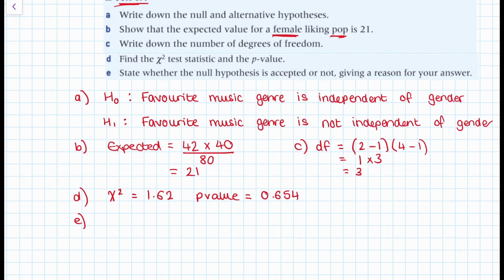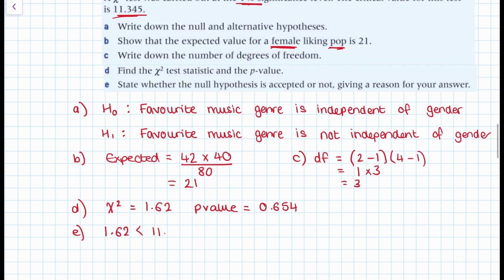So if you're going to use a chi-squared, we know that 1.62 is obviously less than the critical value of 11.345, or we can see that the p-value 0.654 is greater than 1%, which is 0.01. So you can look at either of those and therefore we will accept the null hypothesis. And that is the chi-squared.